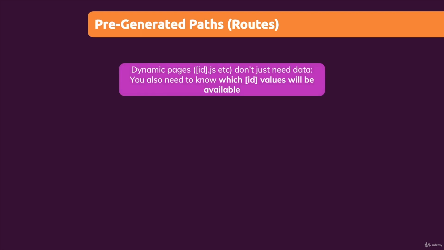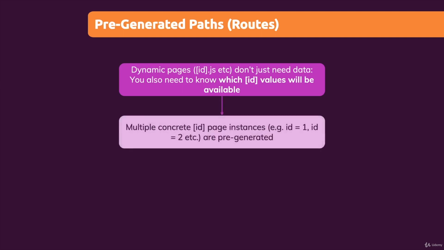Because here we don't just need data, we also need to let Next.js know which ID values, which dynamic segment values will be available, and for which values a page should be pre-generated, so that multiple instances of that page blueprint can be pre-generated by Next.js.